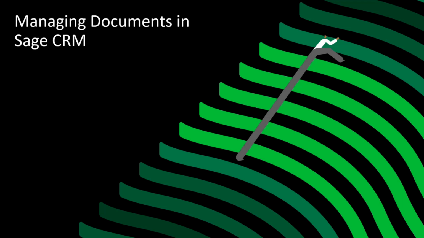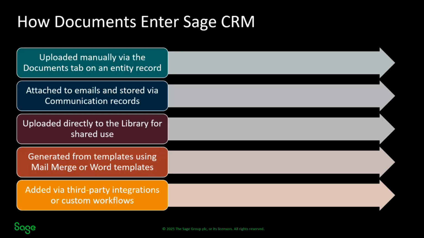So continuing on, to look at specifically documents and a little bit more about the way in which we can use documents in this. Documents can get into Sage CRM in a number of different ways. So we can have documents enter manually through the Documents tab, and we'll be showing you that in a moment.